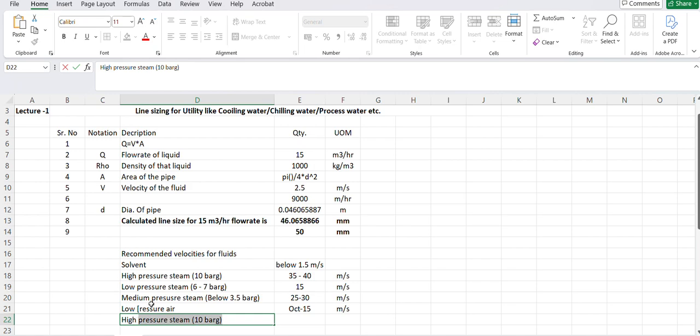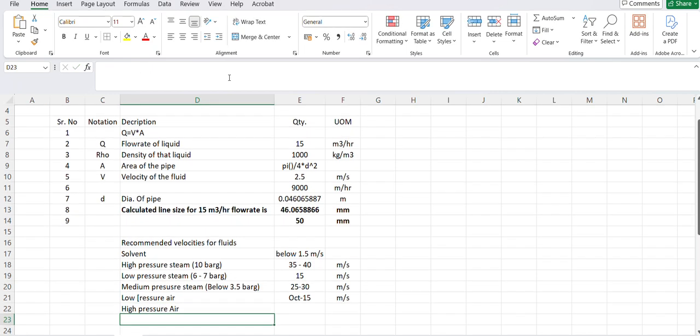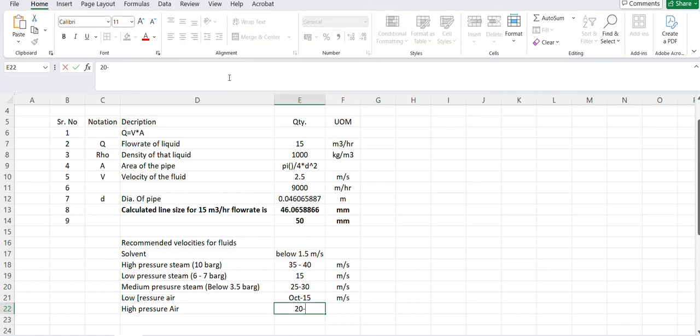high pressure air you can consider 20 to 25 meter per second.